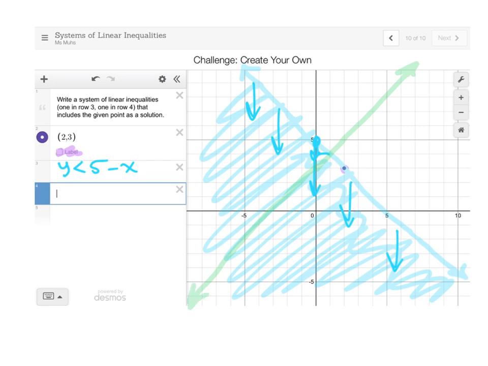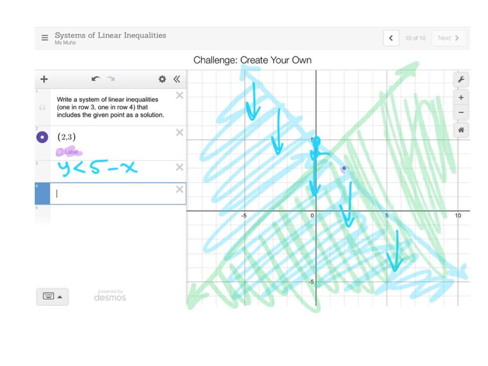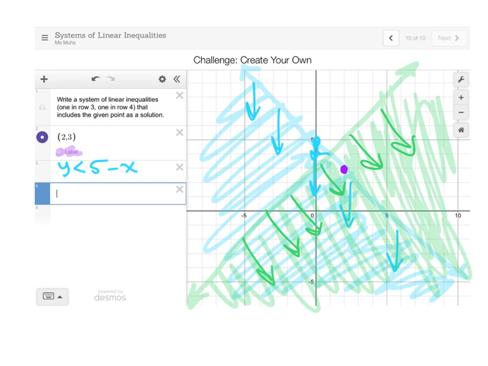Then for this, I need my shading to be down here, because I need to get that purple dot. I'm going to redraw my dots so you can see it. There it is. Okay, same thing, this is less than, so I'm going below, below, below, heading down. And this was 3. So y is less than 3 plus x.